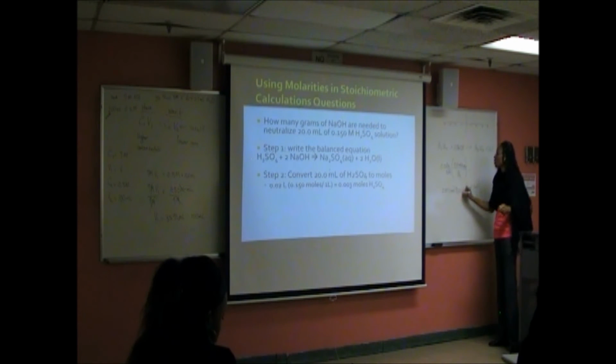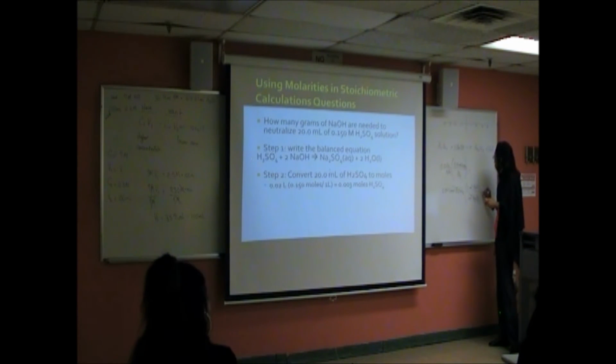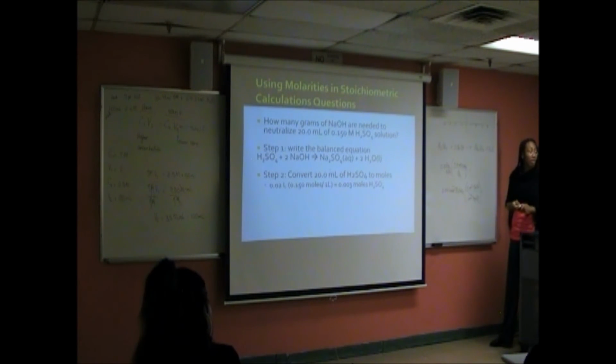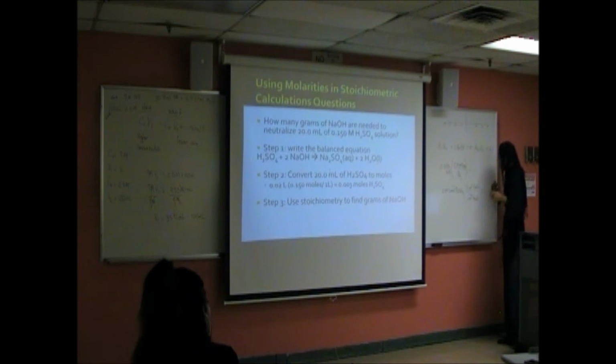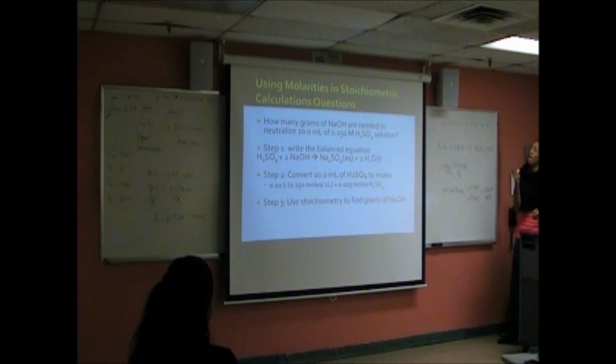Cancel out your moles of H2SO4, multiply across, divide by the bottom. What do you get? 0.006 moles of sodium hydroxide.